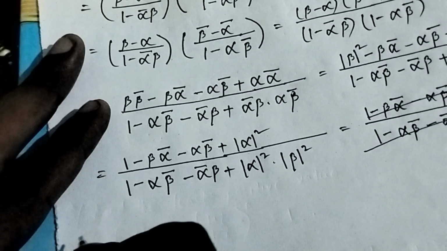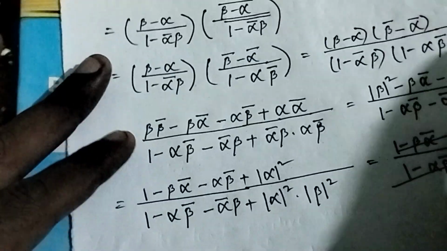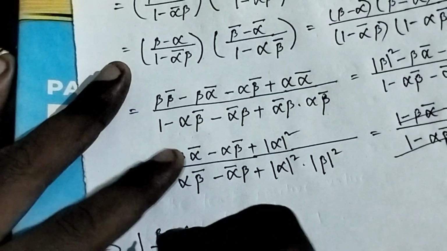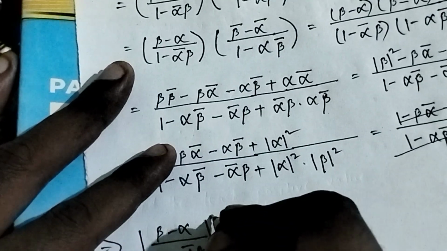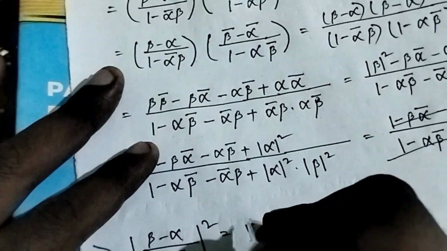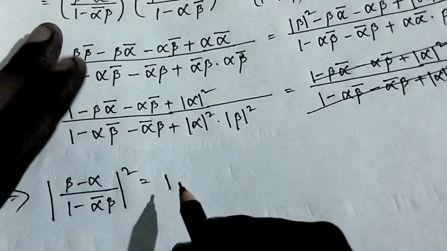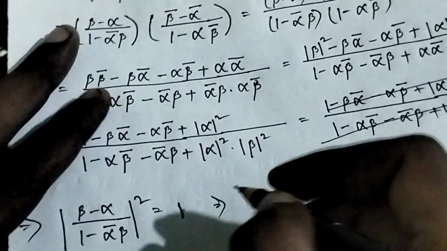So finally, we are trying to find mod of (beta minus alpha by 1 minus alpha conjugate beta) square is equal to 1. These are cancelled, that means it is equal to 1. Now we will take the square root of both sides.